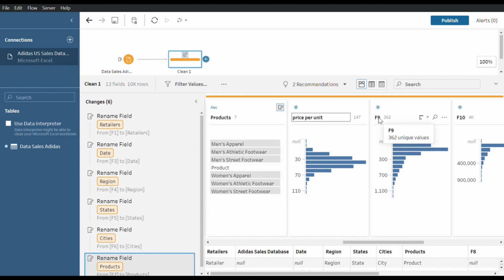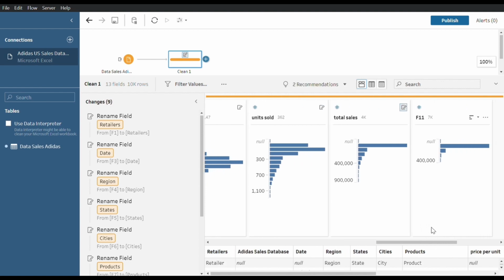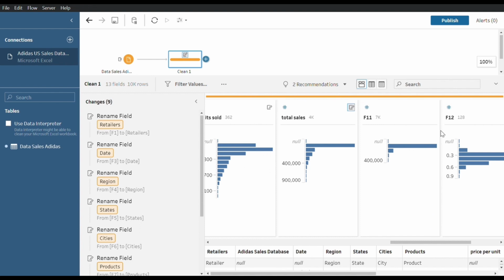Next up, we have the units sold. Next we have the total sales. So the total sales is the price per unit times the unit sales, the units sold. So we have the total sales here. The next is the operating profit.